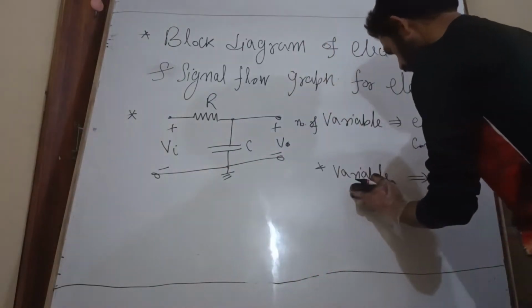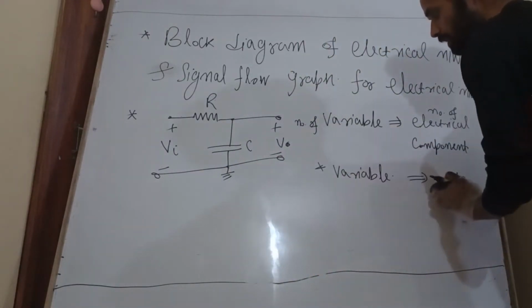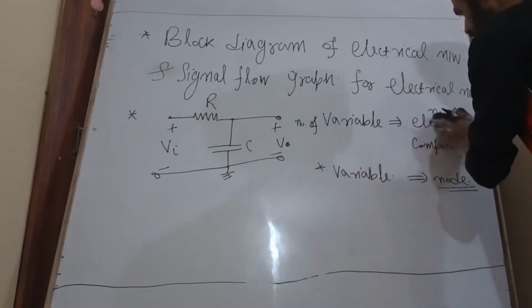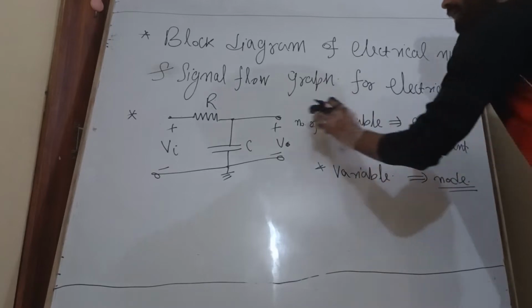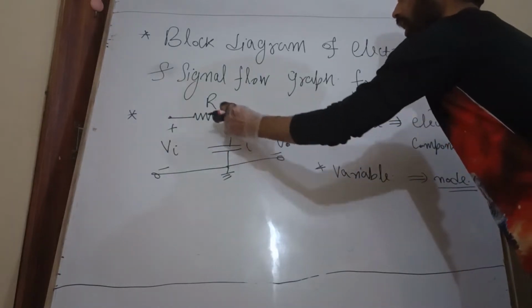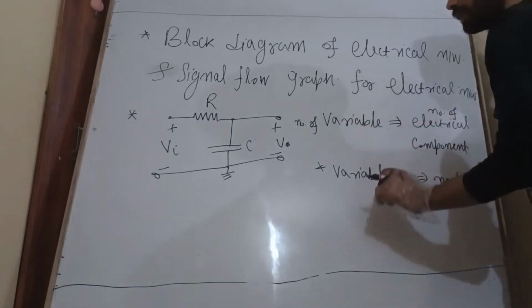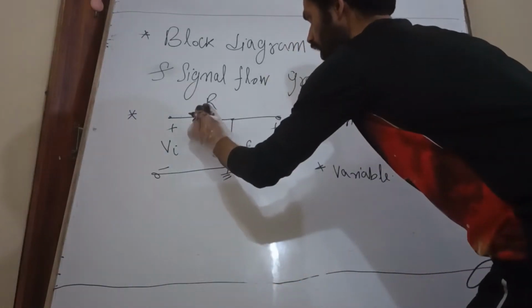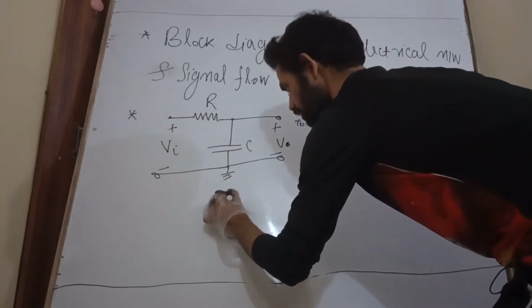Now see here, variable represented by node, and this variable is nothing but an electrical element. The number of variables is equal to the number of electrical components. How many electrical components are there? Two. So just write two nodes.